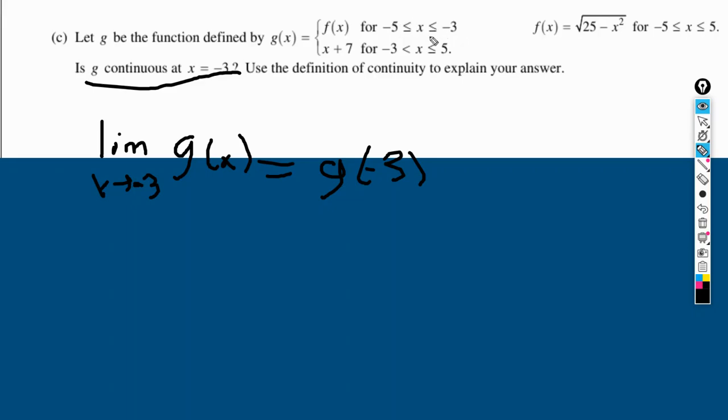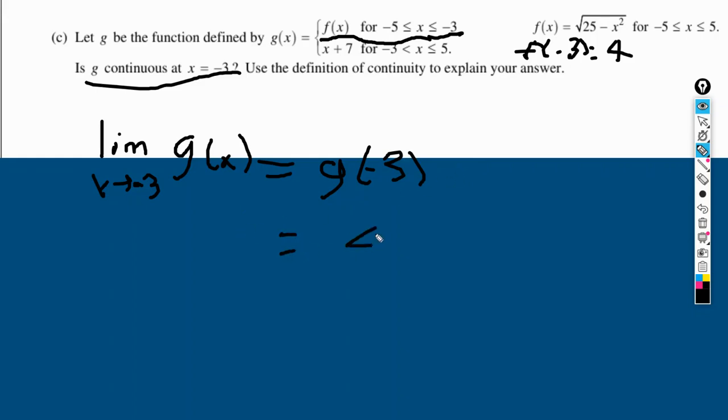Okay, it's right here. It's included in f of x. So let's evaluate f of negative 3. F of negative 3 will be square root of 25 minus negative 3 squared, which is 9. So the square root of 25 minus 9, which is the square root of 16, which is 4. So g of negative 3 is equal to 4.